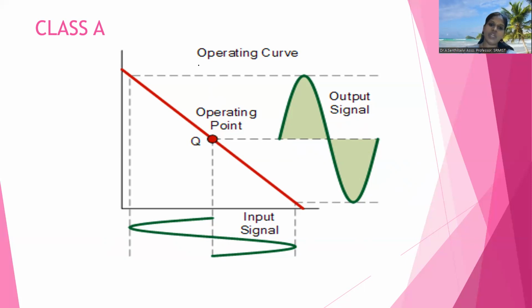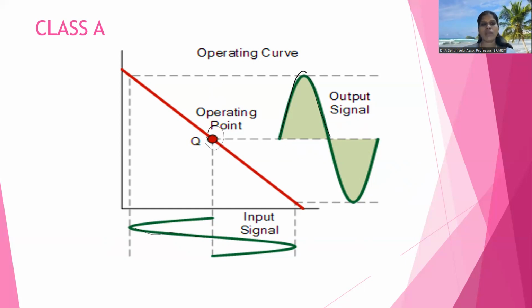Because of this operating point, as the value of the input signal increases, the output voltage also increases. So for a positive signal we get a positive signal, and for a negative signal we get a negative signal. This is the selection of the operating point. For the class A amplifier, we select the Q point in the middle of the DC load line and the middle of the active region. This is about class A amplifier Q point selection.